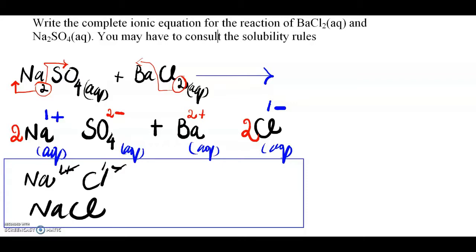NaCl. In a similar way, for the second product, the positive ion of the second reactant reacts with the negative ion of the first reactant.